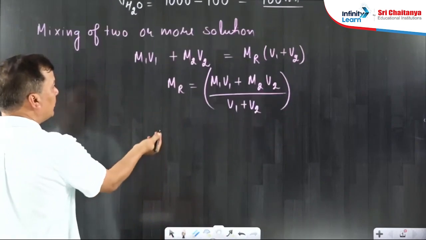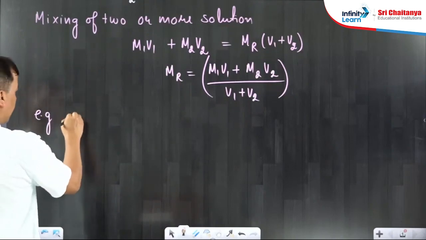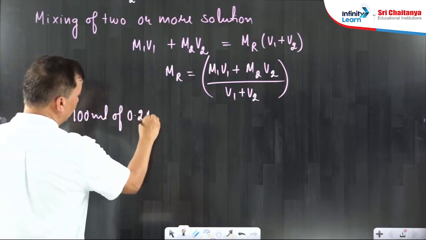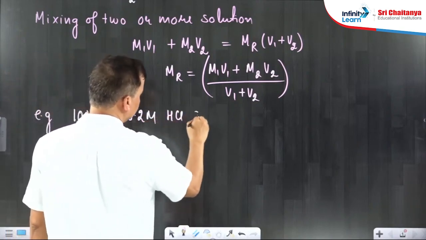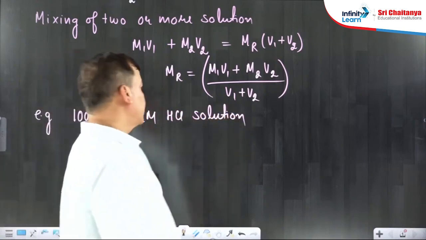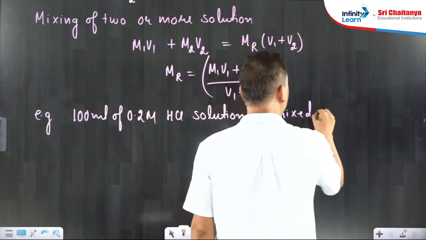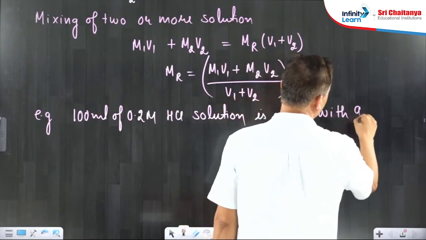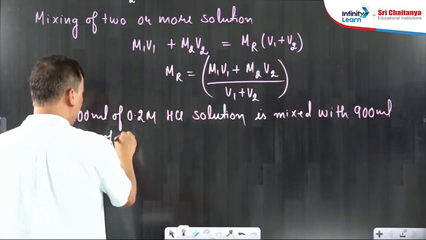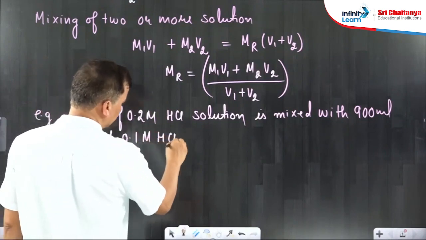I am taking one simple example. Try to understand that. For example, 100 ml of 0.2 molar HCl solution, my dear student, are you attentive? This is mixed with 900 ml of 0.1 molar HCl solution.